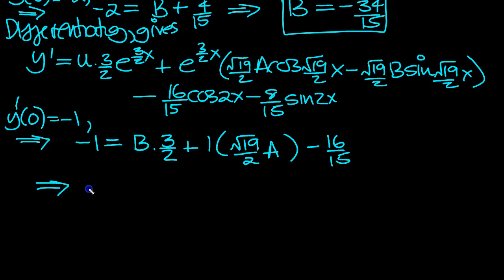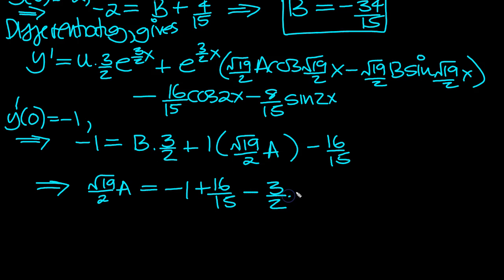So this implies that root 19 over 2 A, and I'm reading from right to left, is equal to minus 1, plus 16 over 15, minus 3 over 2 times B, and B is equal to minus 34/15. We're nearly at the end of the problem here.